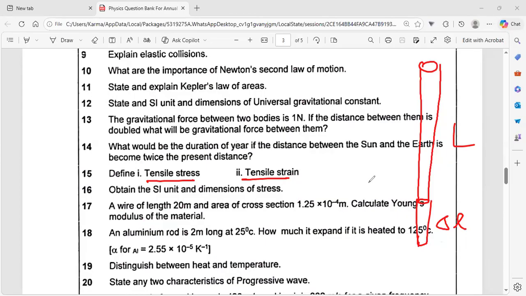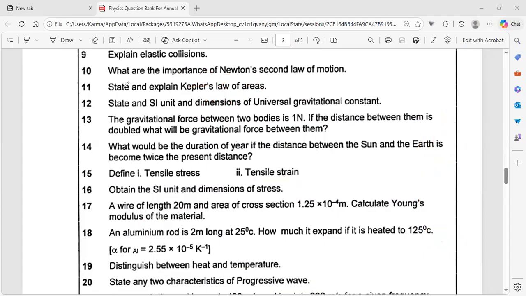Obtain the SI unit and the dimension of stress. Force upon area, so that is same as pressure, but of course it's not a pressure. The stress is a tensor. The force upon area, so kg meter per second square upon meter square.